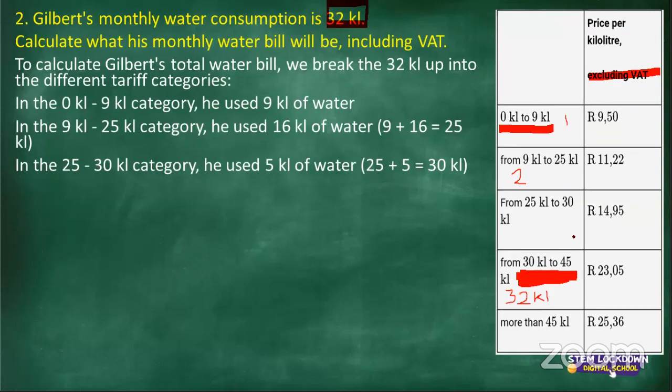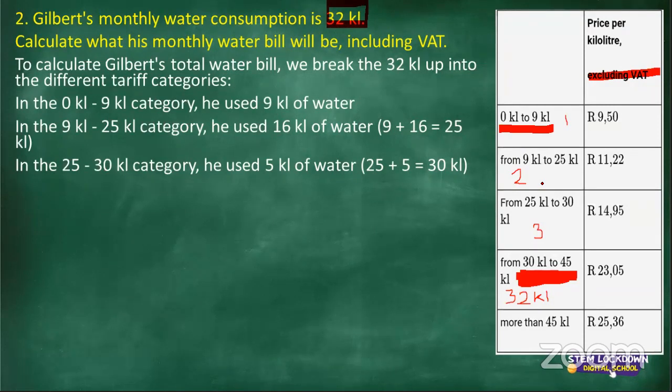In the third category, which is the 25 to 30 kiloliters, he has used 5 kiloliters of water. You can say 25 plus 5 gets you 30, or 30 minus 25, and you'd work out that he only uses 5 kiloliters of water. It's only possible to use 5 kiloliters of water in the third category.